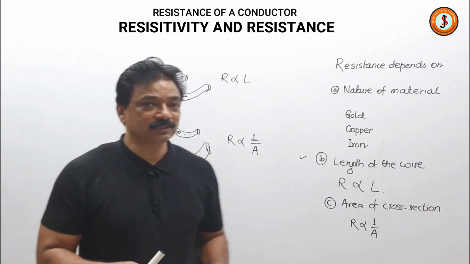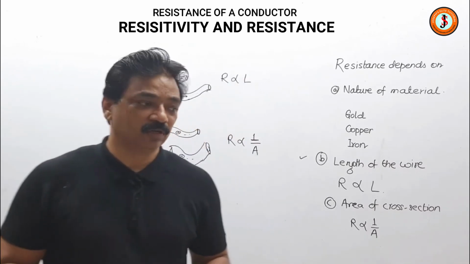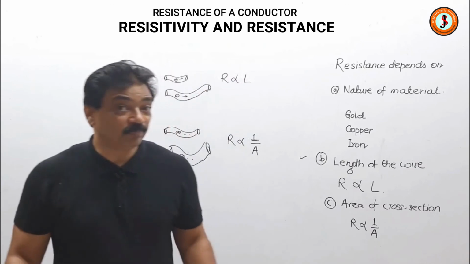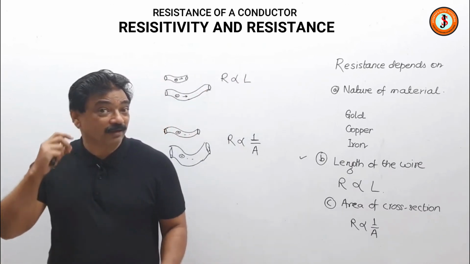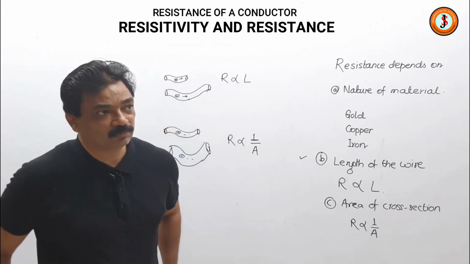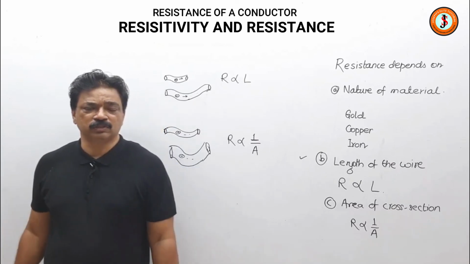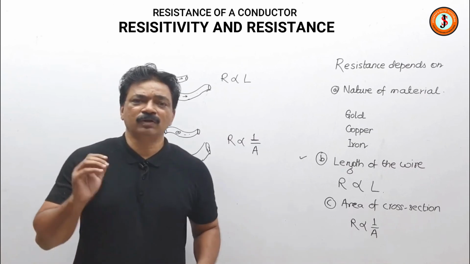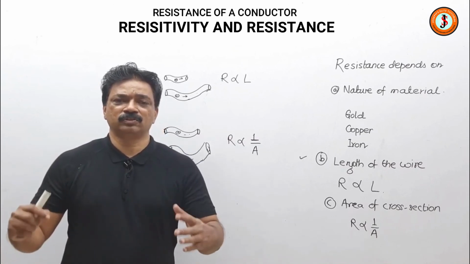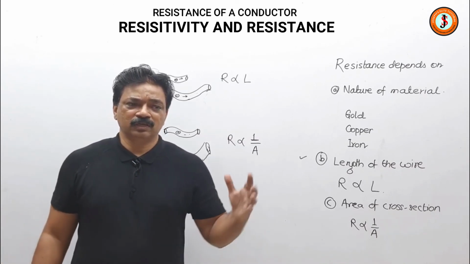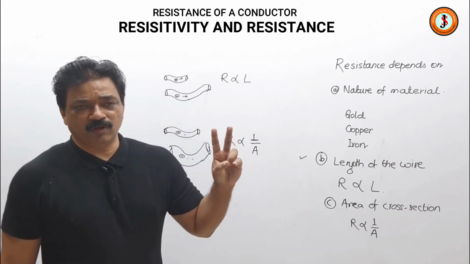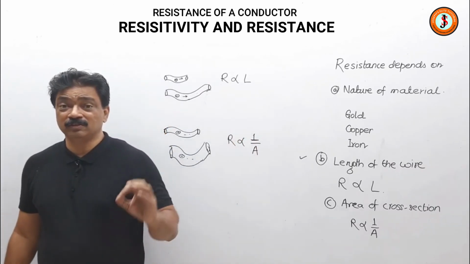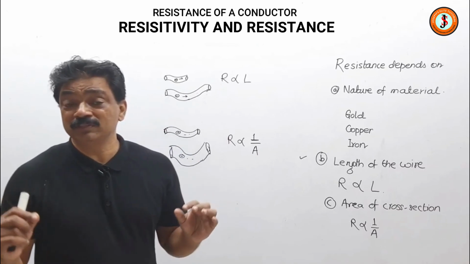So that means resistance is constant, but it depends upon the length and upon the area of cross section. So why are we using the term constant? If somebody asks under what condition resistance is constant, you'll say the resistance of two wires of the same material is constant only if they have the same dimensions.